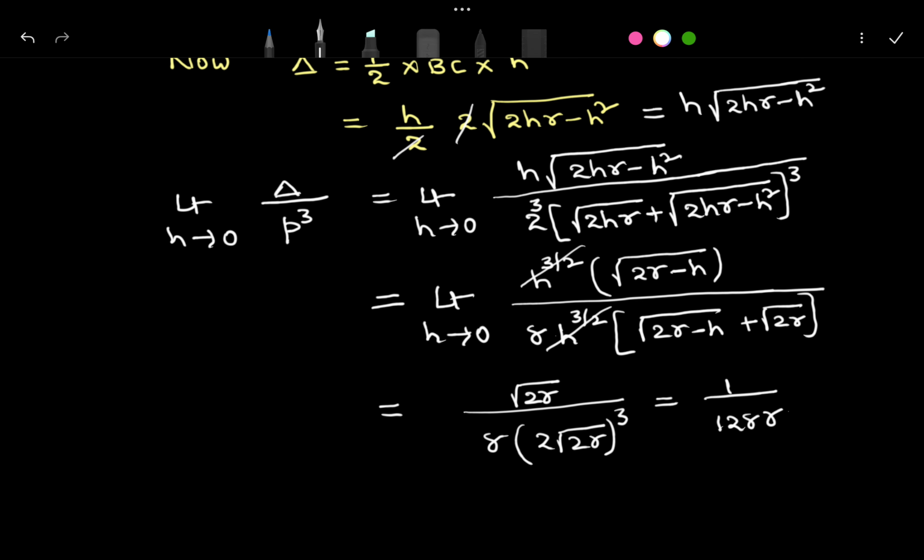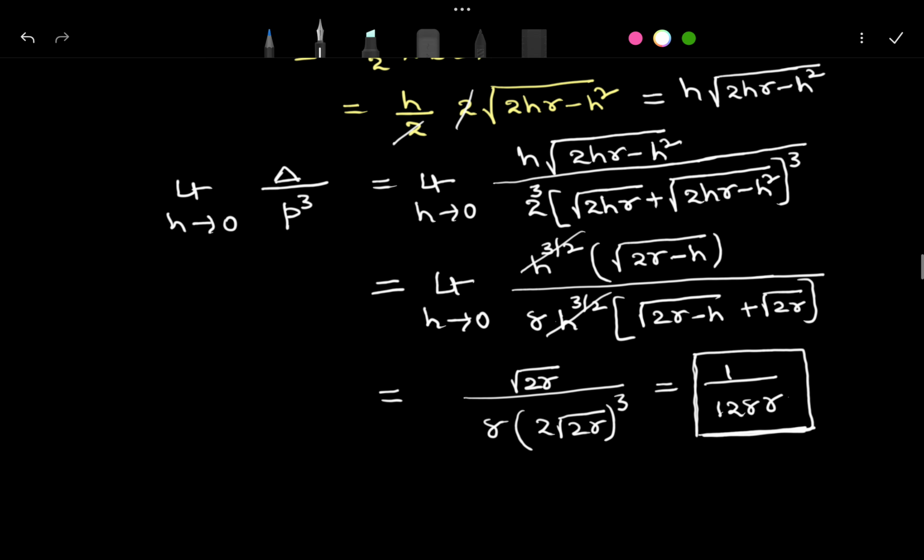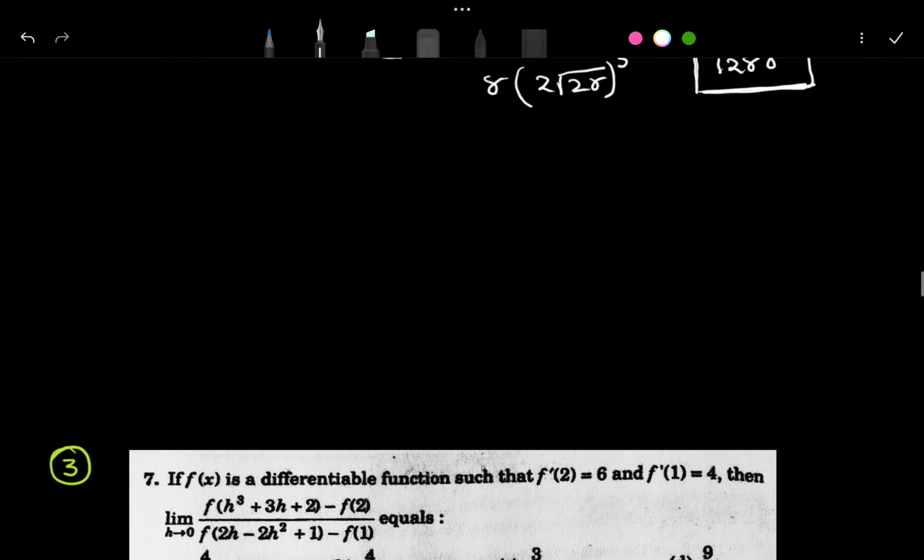So what is the limit of delta by p to the power of 3? 1 by 128 r. So this is the final answer. I hope that everyone is clear on this problem, right? Next we'll see one more question.